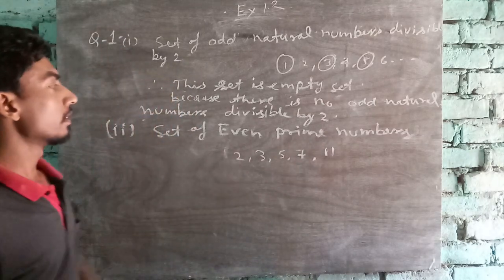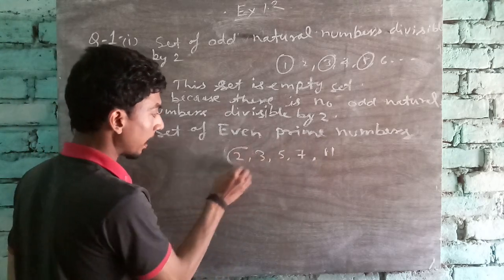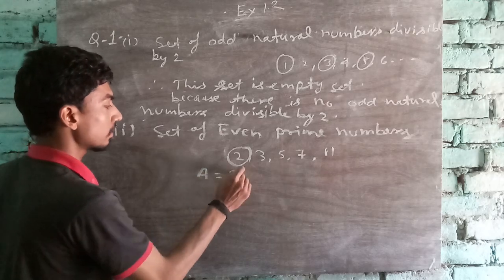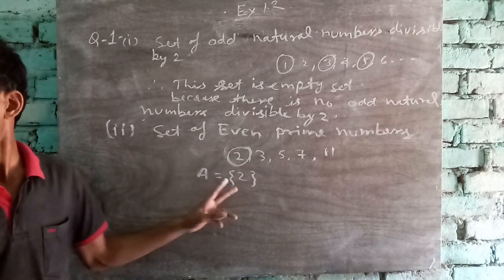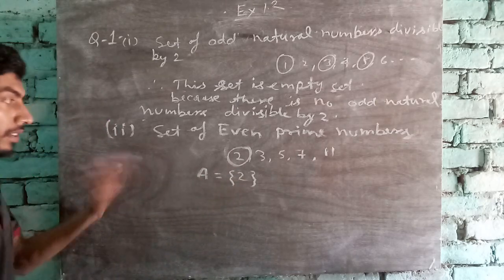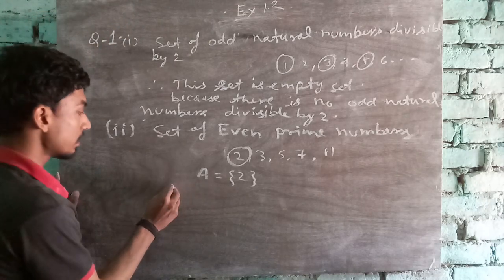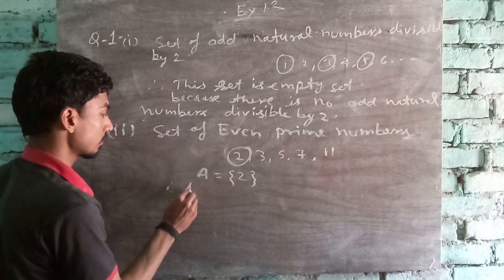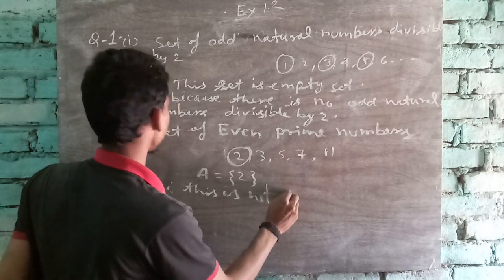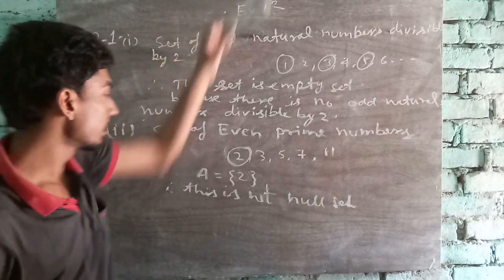Here this set is of even prime numbers. So the only even prime number is 2, and we can write this set as {2}. There is only one element, therefore it is a singleton set, and so this is not a null set.